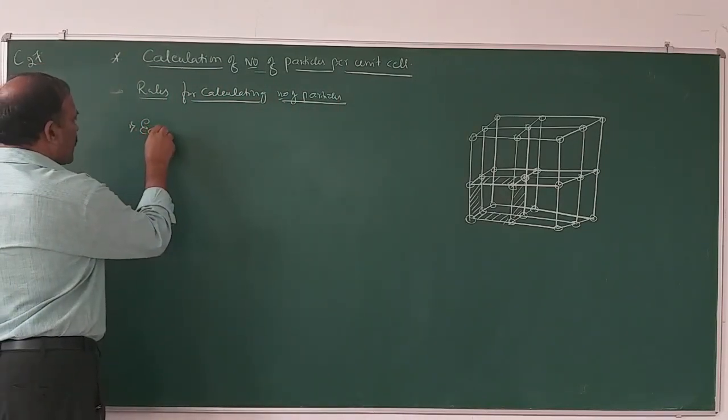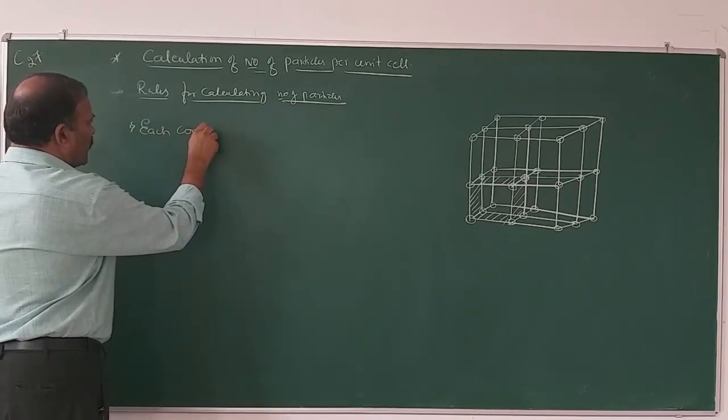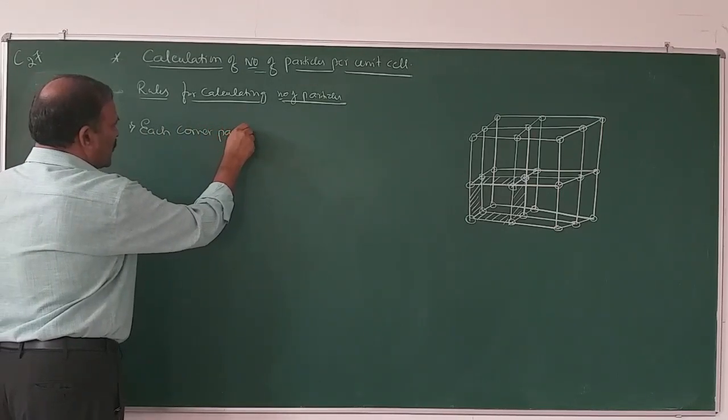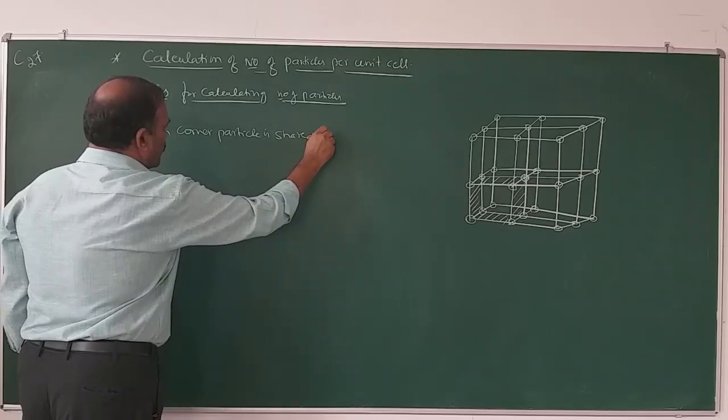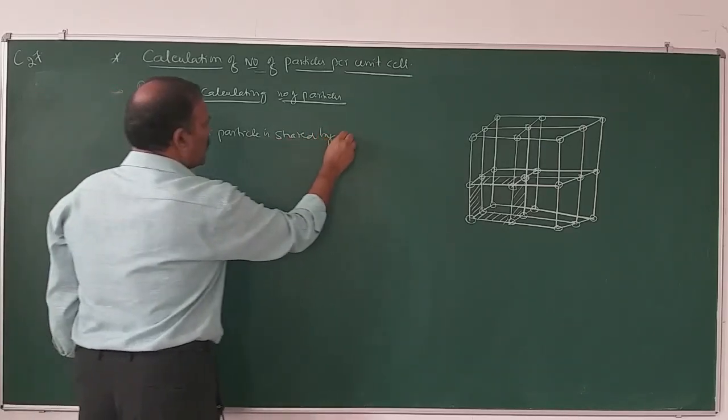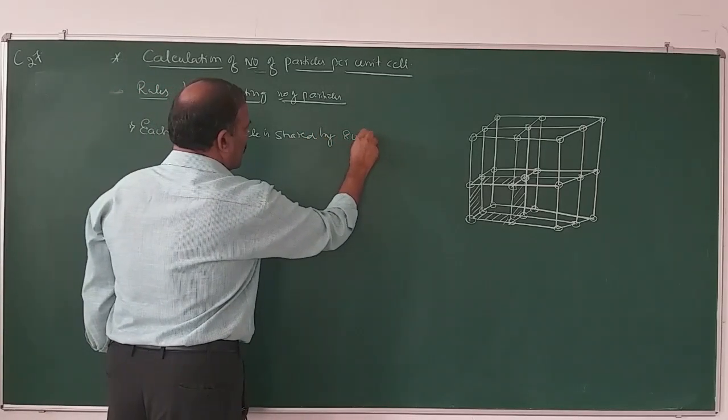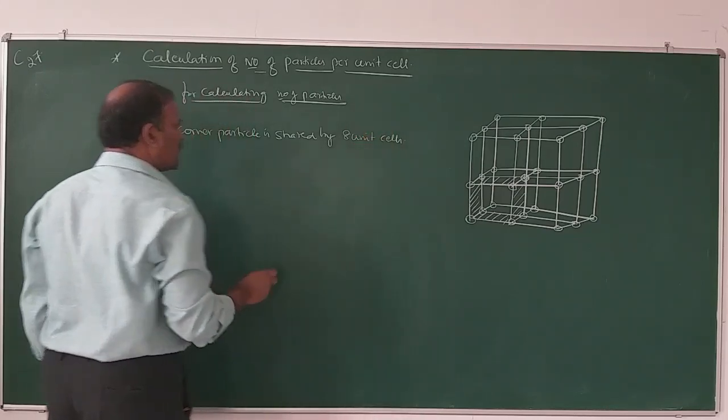Each corner particle is shared by 8 unit cells.